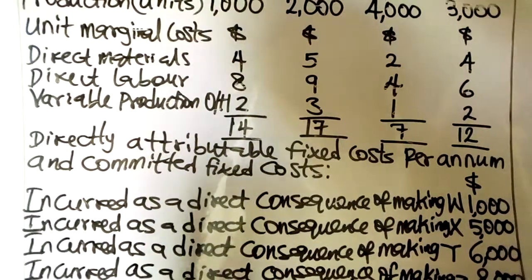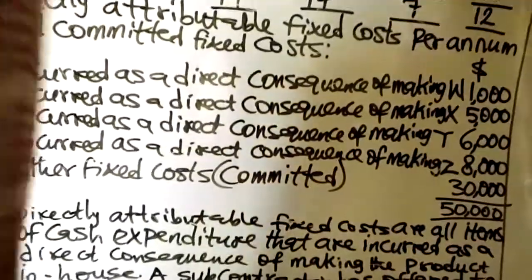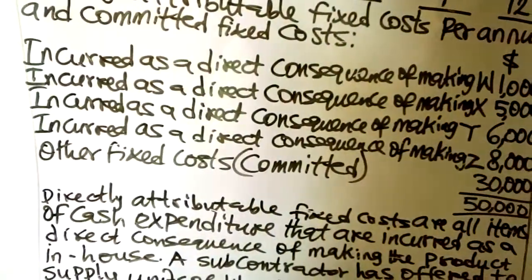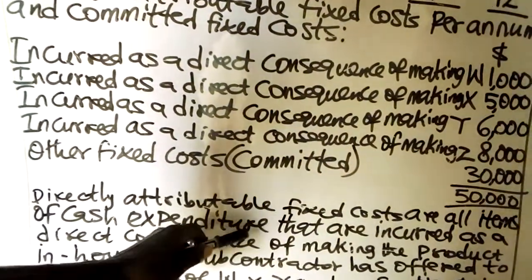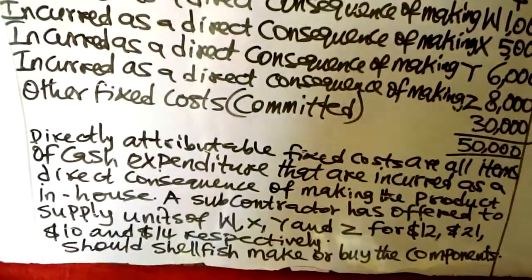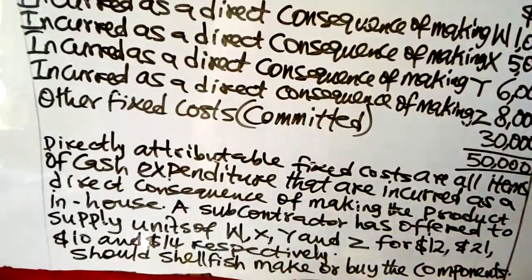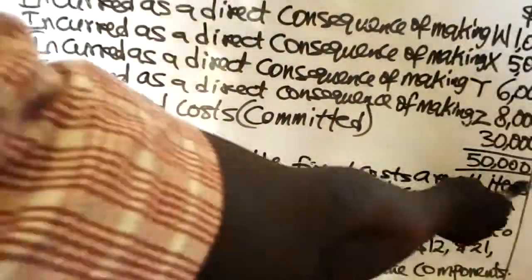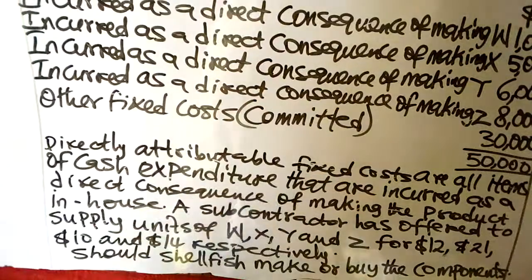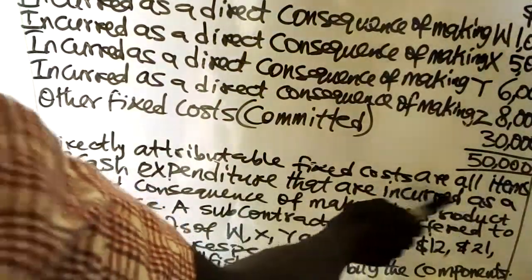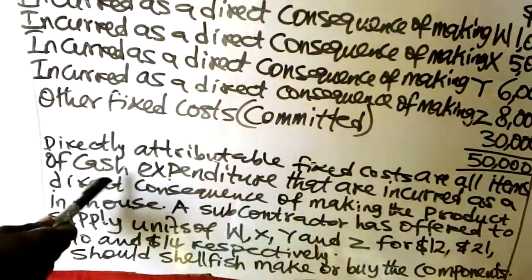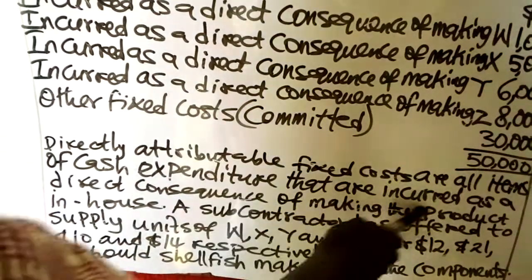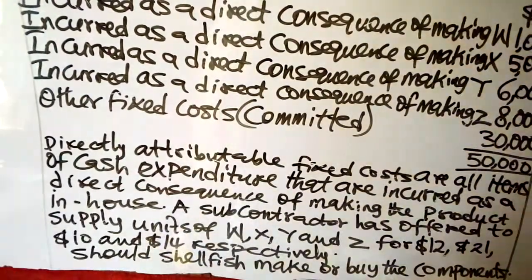Directly attributable fixed costs are all items of cash expenditure that are incurred as a direct consequence of making the product in-house.